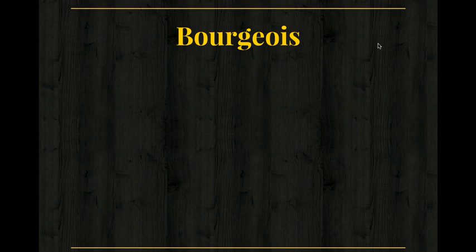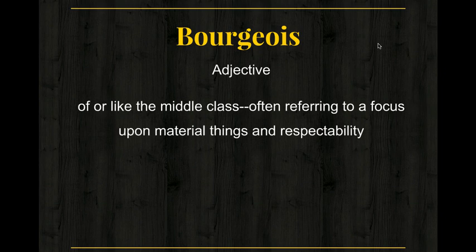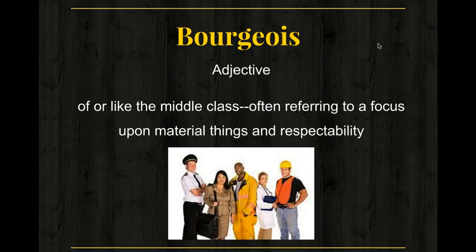Bourgeois is our next word. This is an adjective and it means of or like the middle class, often referring to a focus upon material things and respectability. An example of the middle class are people that wake up and go to work every day, come home and make their house payments, and get their kids to things and this and that.